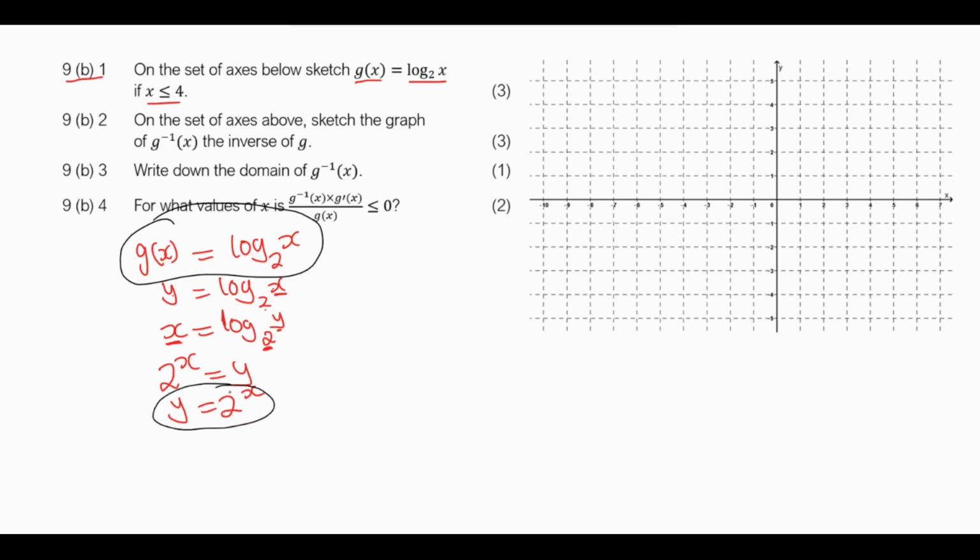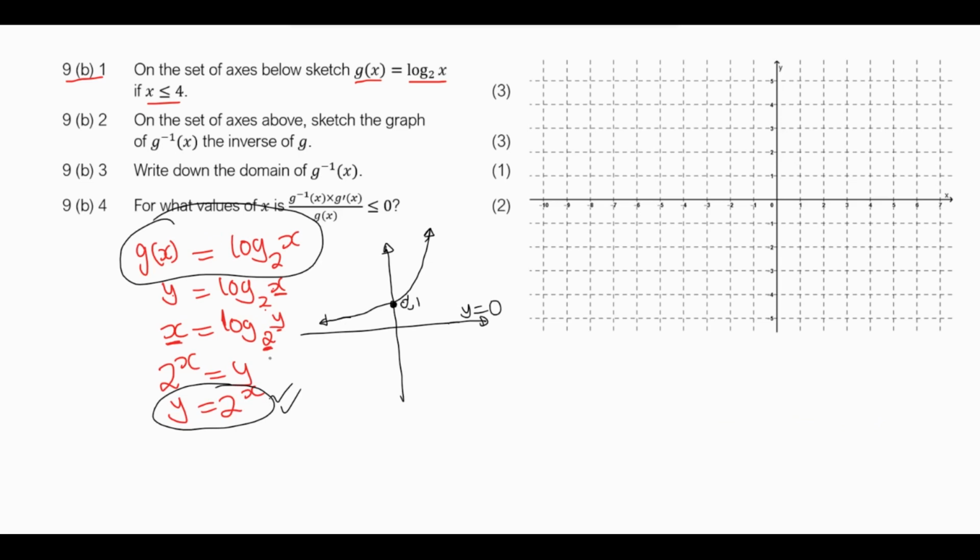This will guide us. We know that this function will have a horizontal asymptote, which is y is equal to 0, and then it's going to cut the y-axis at 0, 1. It is going to be shaped like this. Okay, that is the exponential function.